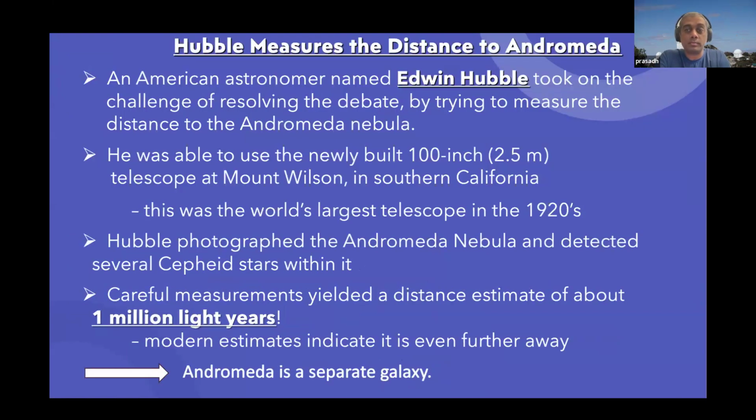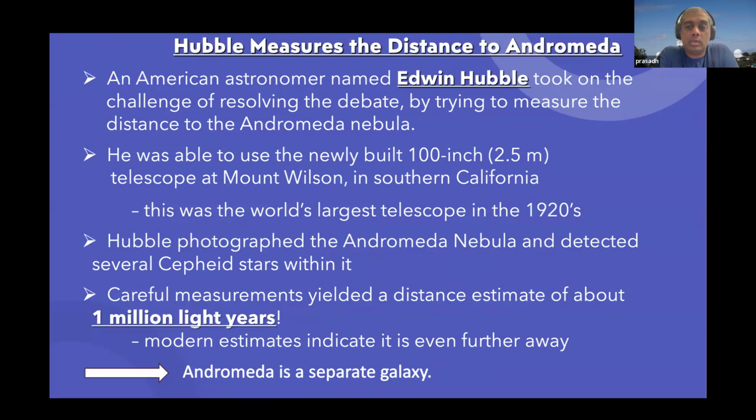Now remember this debate that they have, and all of you know about Edwin Hubble. He is very famous in astronomy. And he took this challenge and he went to one of the largest telescopes at that time. This was in Mount Wilson in Southern California.